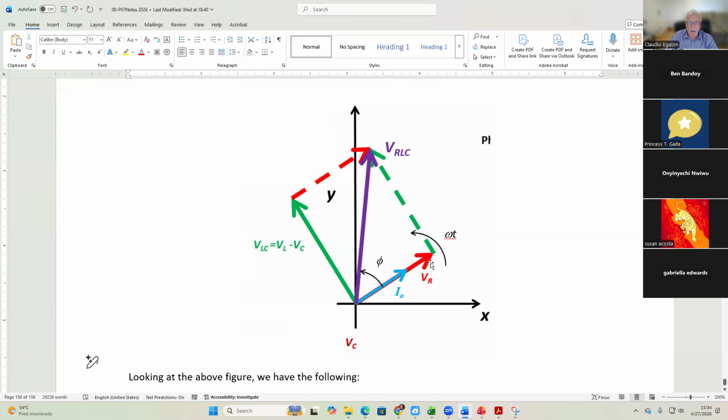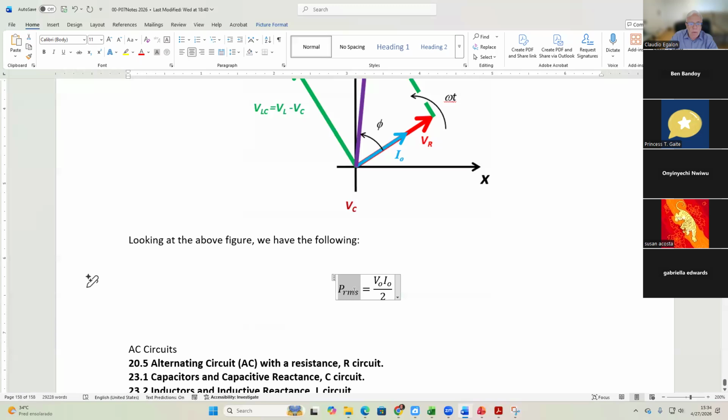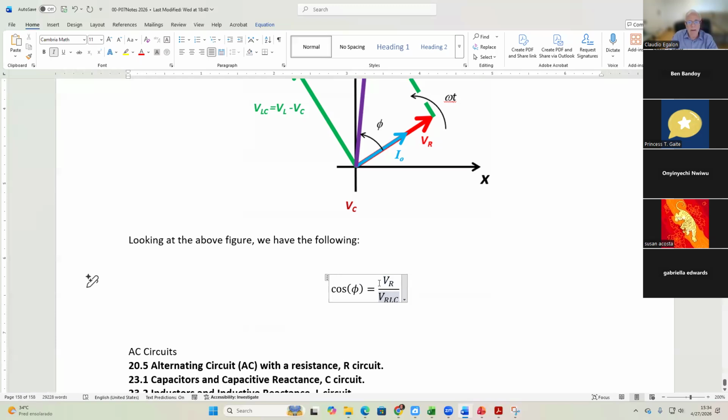V of the resistor divided by the V naught, or the VRLC, which is equal to the V naught, must be cosine of phi. So cosine of phi is going to be V sub R over VRLC, okay? And this V he called the V naught.